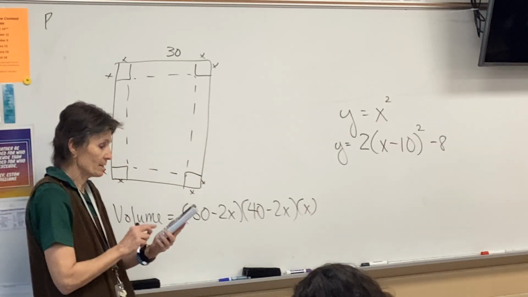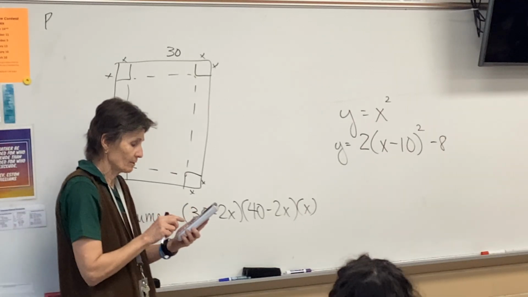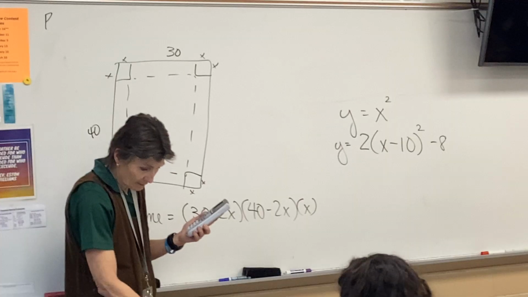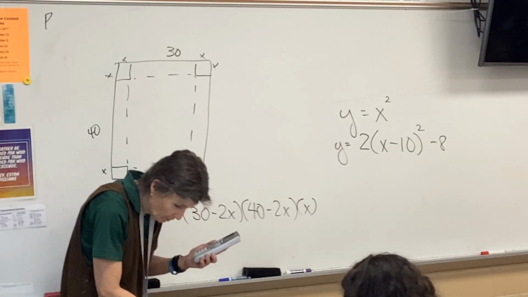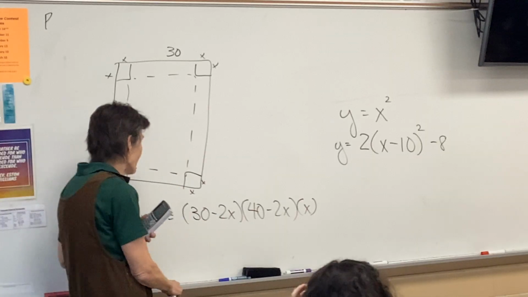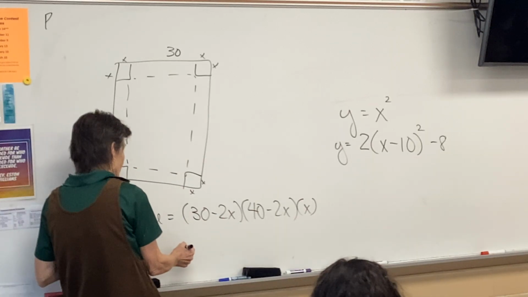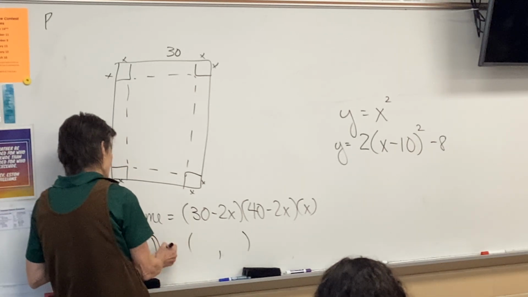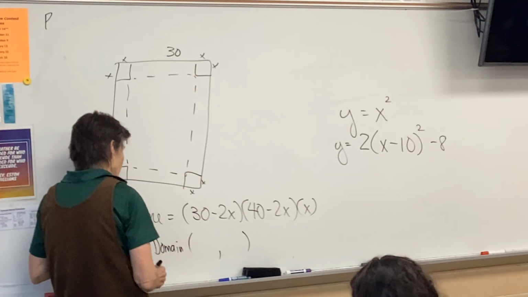This would definitely be a problem you're going to do on your calculator. Now, as you are sketching it, we're going to answer part F. What is the domain of the function? In other words, what is x min and x max?